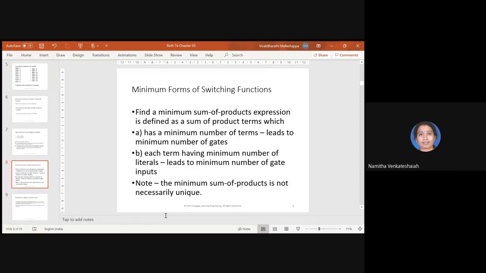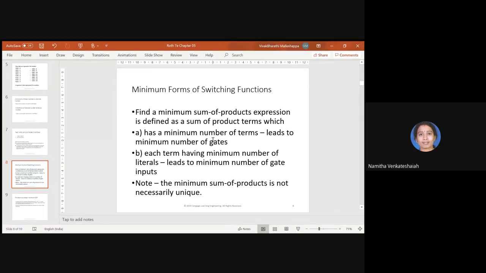So why should we go for minimization? Note down, the first reason: when you minimize the equation, you will have a minimum number of terms. When you have a minimum number of terms, the gates you use, I had told you in the last class, there is an AND gate and an OR gate. Likewise, many gates are there which will do your circuit.